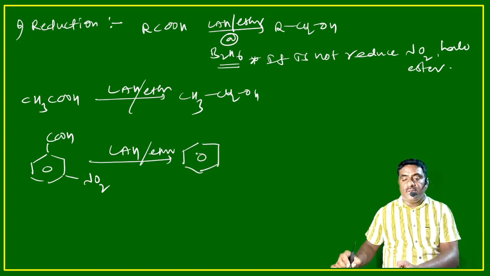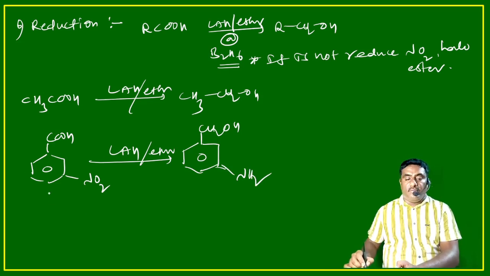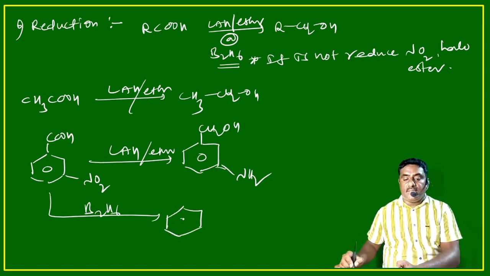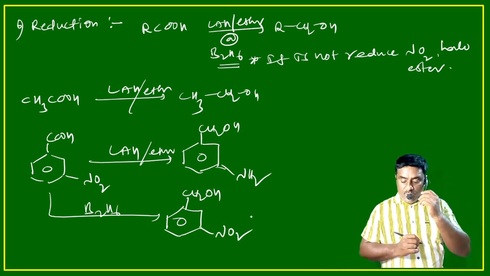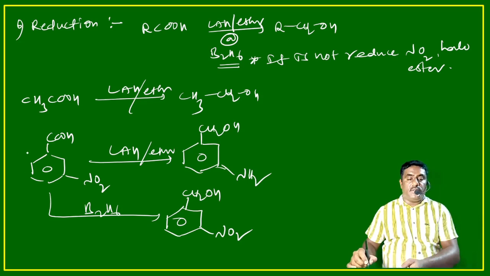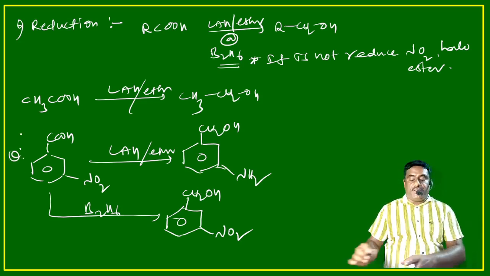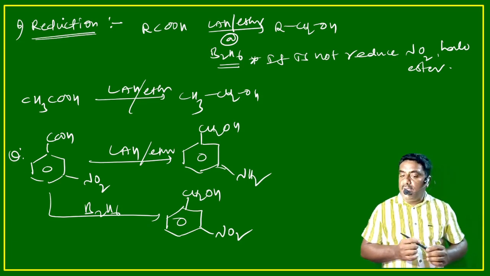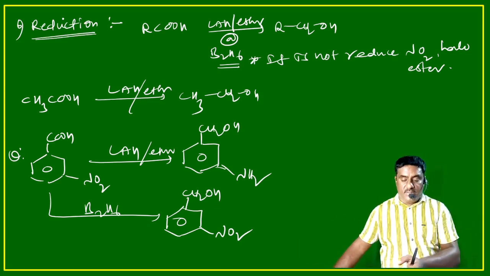Completely reduced means what is the product? It forms CH2OH and NH2. When B2H6 diborane is used, only the carboxylic acid is reduced. It is converted into CH2OH, and the NO2 remains. This is the reduction method in presence of LAH and B2H6.